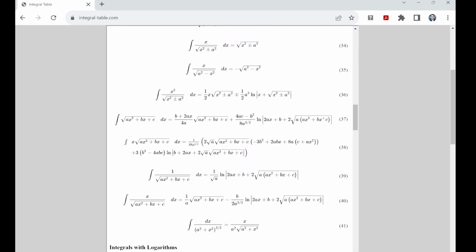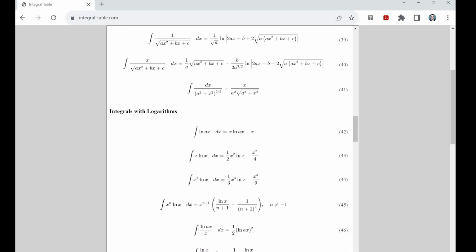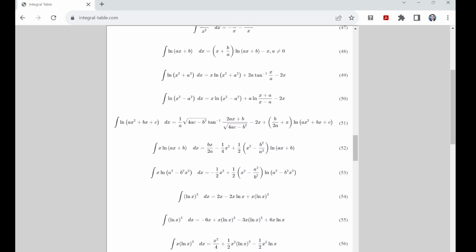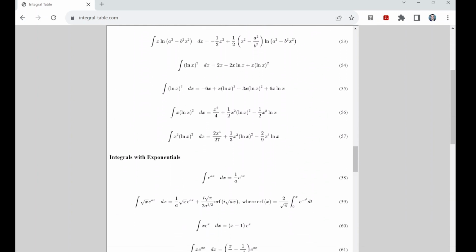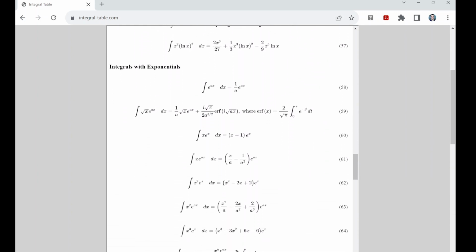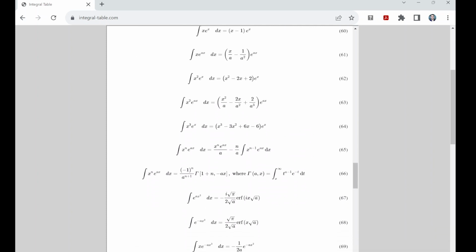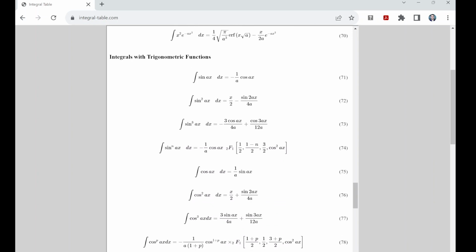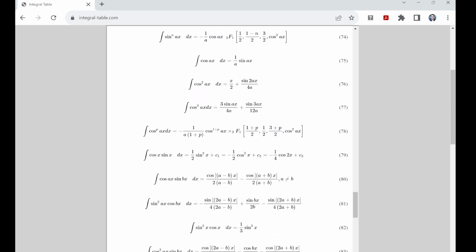And you could see here, I'm just browsing down, you got integrals with logarithms. And so these help us, okay? Now, we could do a lot of these integrals by hand, but we already got a lot of practice doing that, and now's the time to get some help from these tables of integrals.